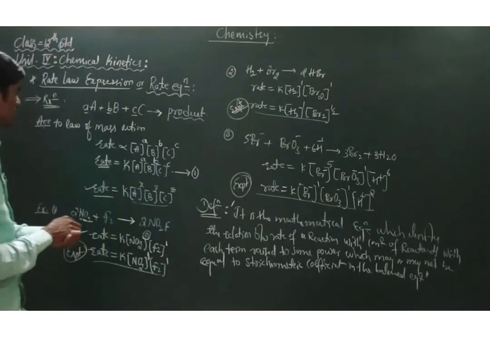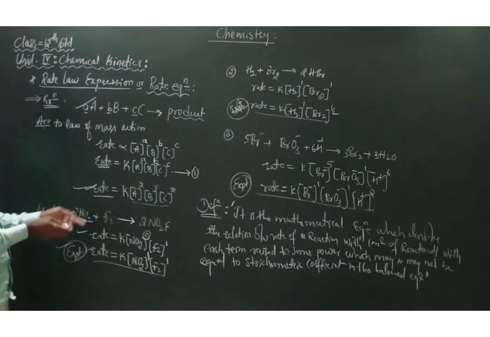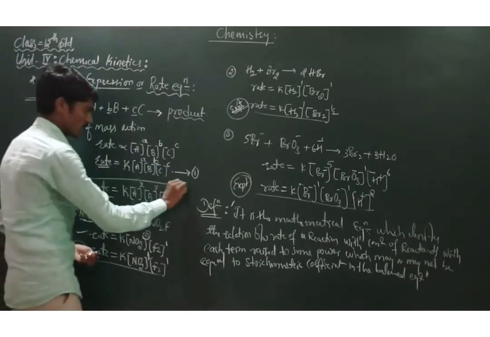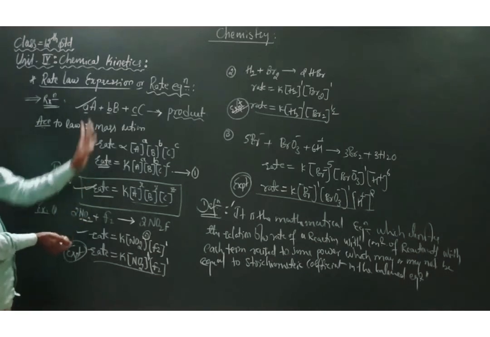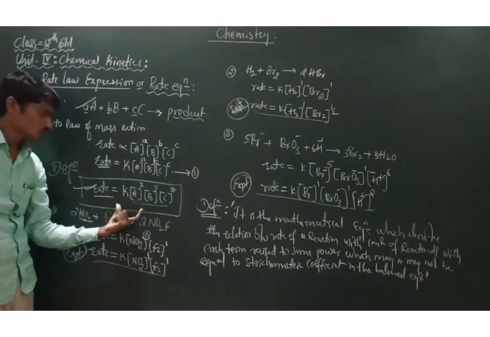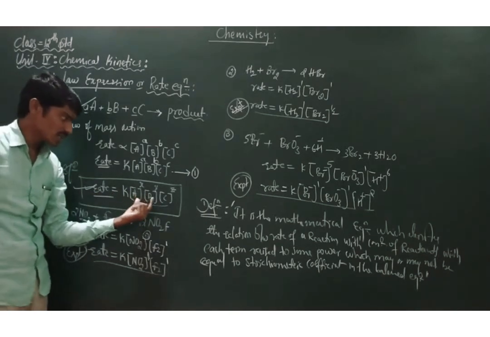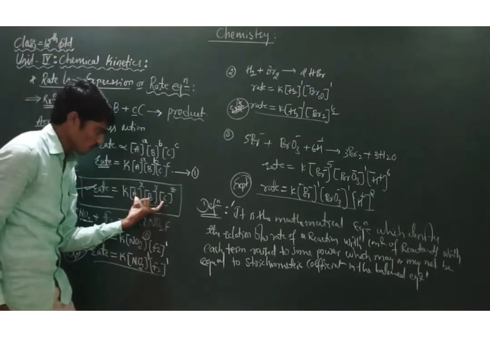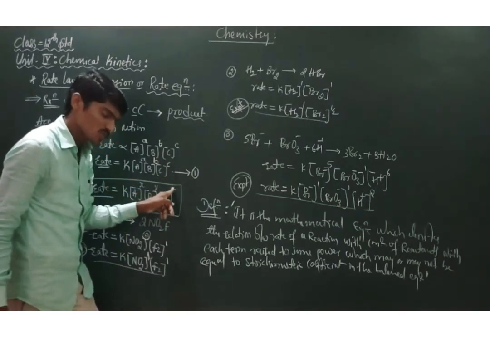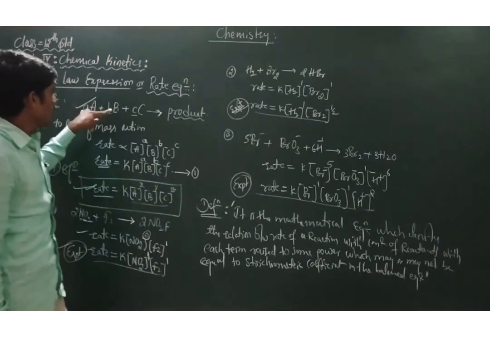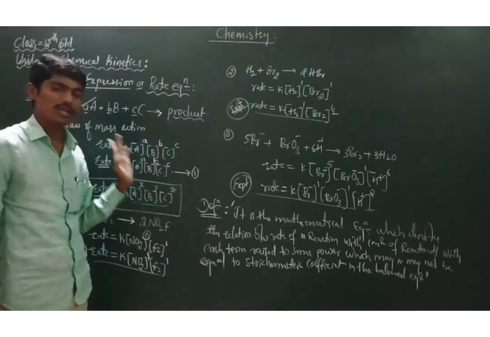Look at the statement here: this is a hypothetical reaction, and this equation is called the rate law expression. The definition of rate law expression is a mathematical equation. This is the mathematical expression which denotes the relation between rate of a reaction and concentration of reactants, with each term raised to some powers which may or may not be equal to the stoichiometric coefficient in the balanced chemical equation.